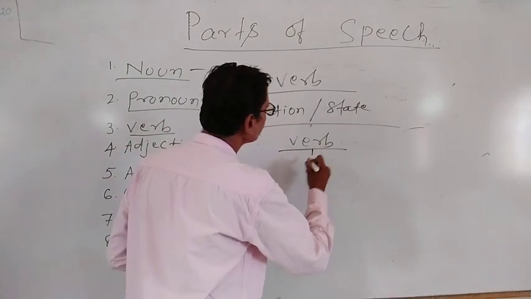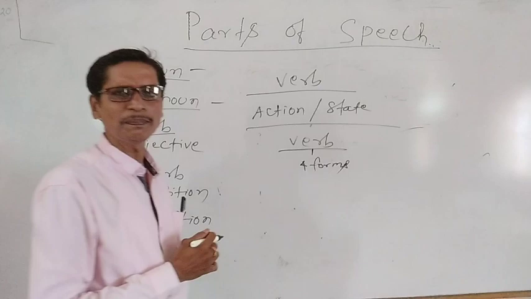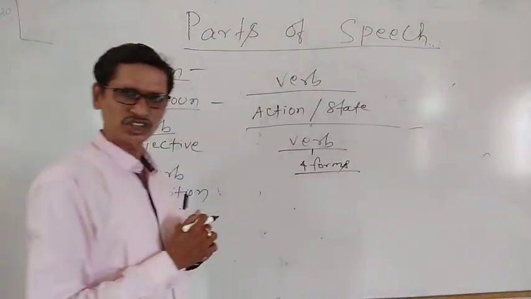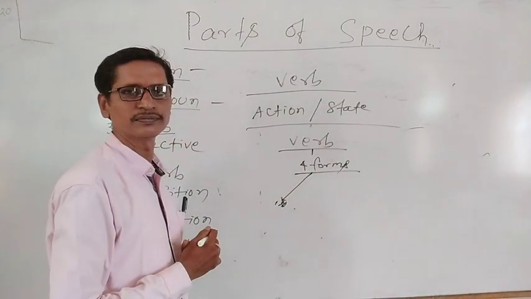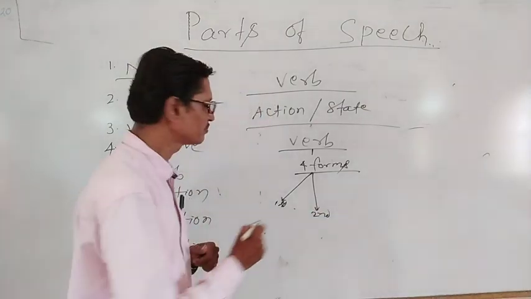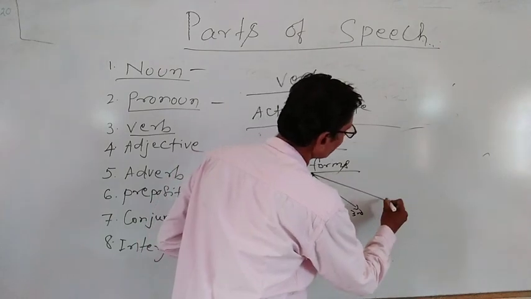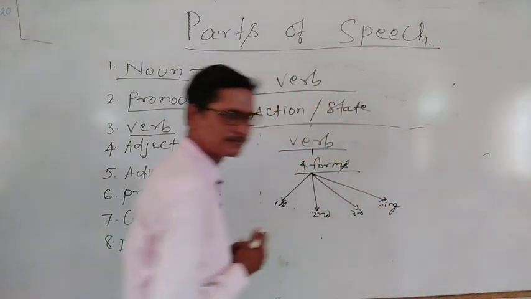Every verb has four forms, such as first form, second, third, and the ing form.